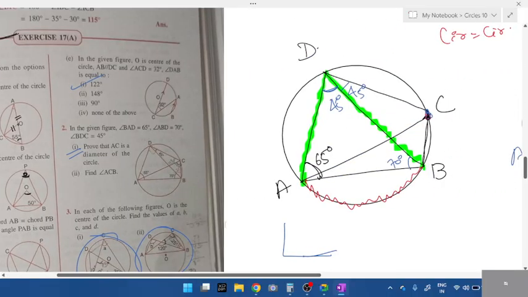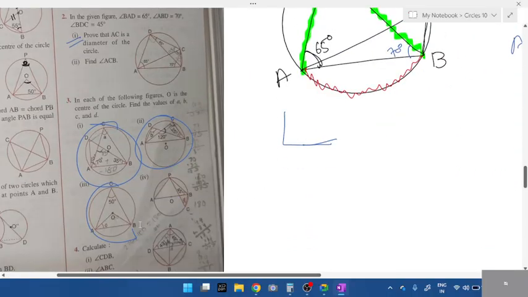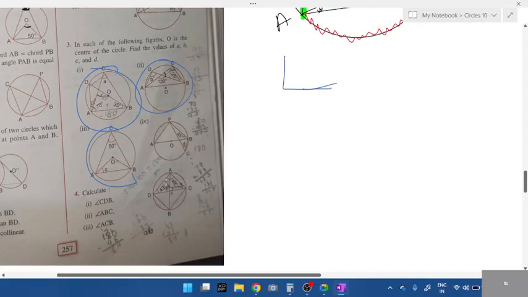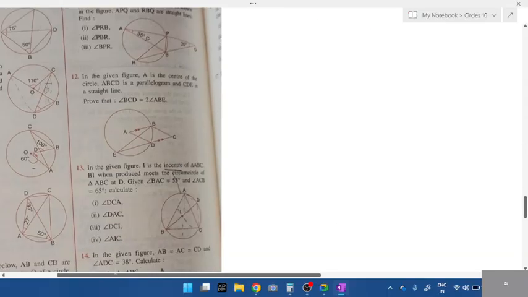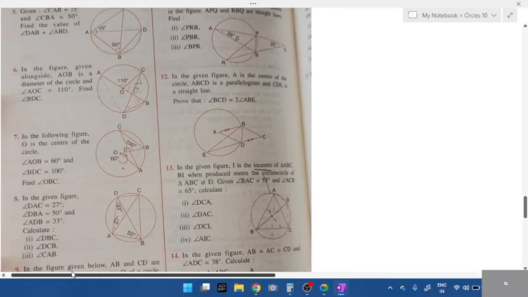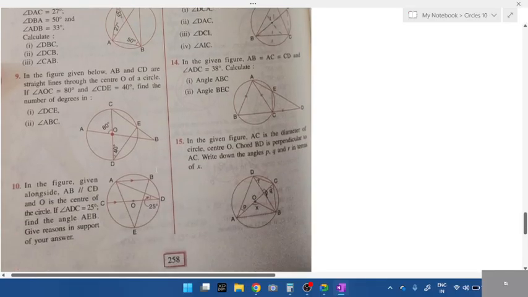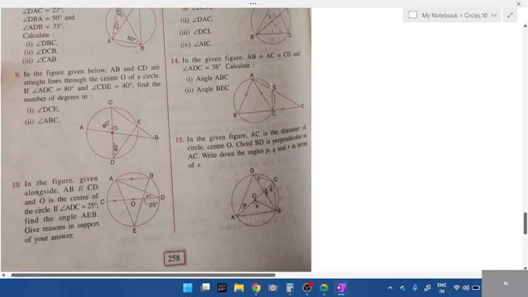No? Okay. See, there are third main questions, 4 of them. First one, second, third, fourth. Will you apply all the concepts and try all 4 questions? Response, students. Okay. For all this, cyclic is not required. See, lot of questions. Secant is given, tangent.